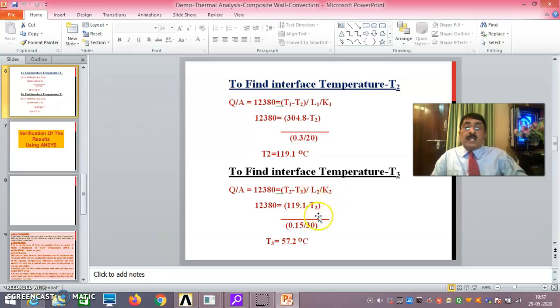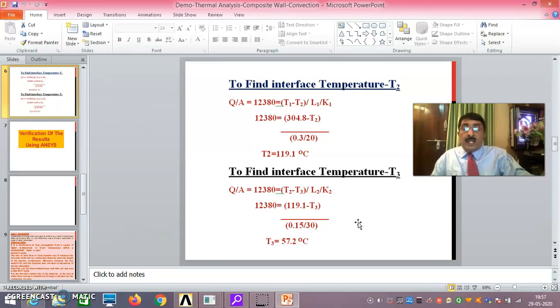Since you have found T2 and T3, knowing T3 you could have found T4.